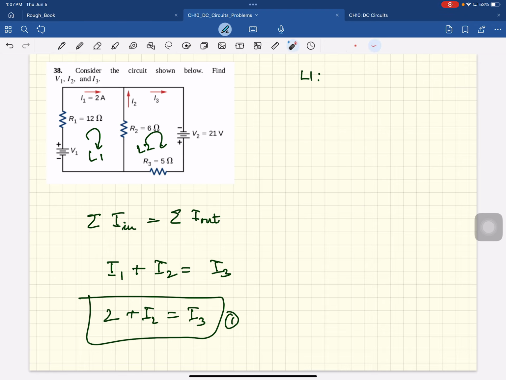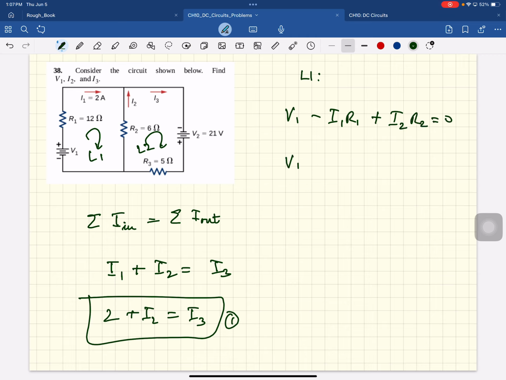Starting here, plus V1, minus I1R1, plus I2R2 equal to 0.